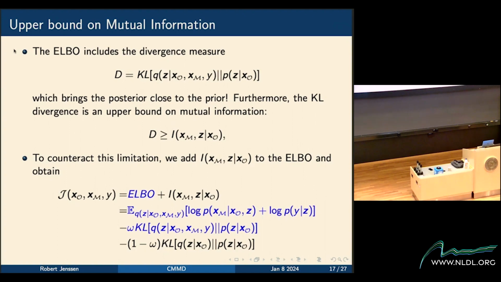And this is not good, because the whole idea here is that we want to take what we observe and transfer information about what we observe to this latent variable that we try to learn, and also to generate the missing modalities at test time.